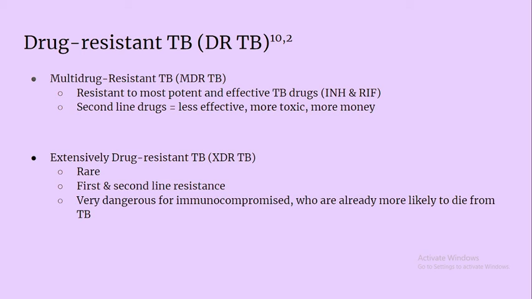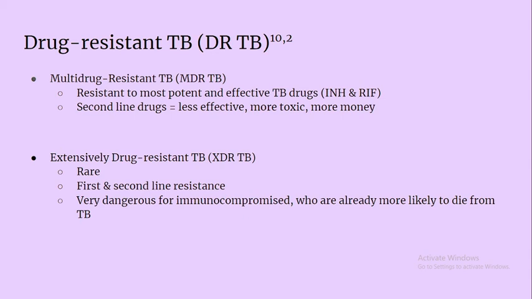The other drug-resistant TB is called extensively drug-resistant TB, XDR-TB. It's more rare and is pretty much resistant to all first-line and second-line drugs, or they might be resistant to first-line drugs and at least one of the second-line drugs.